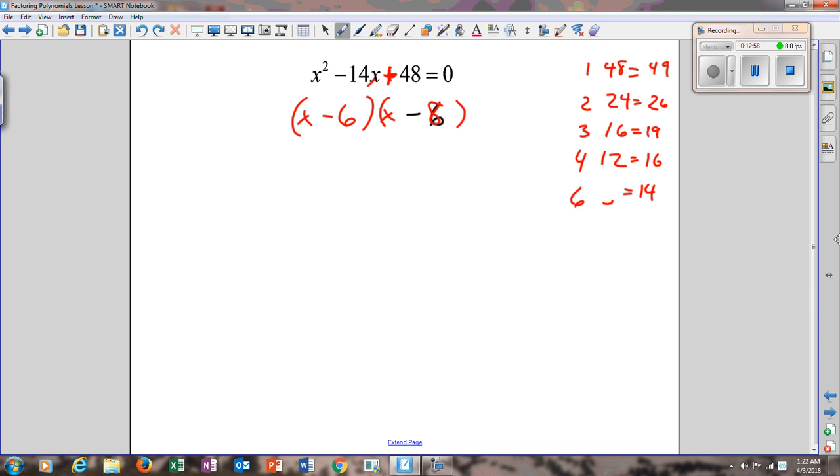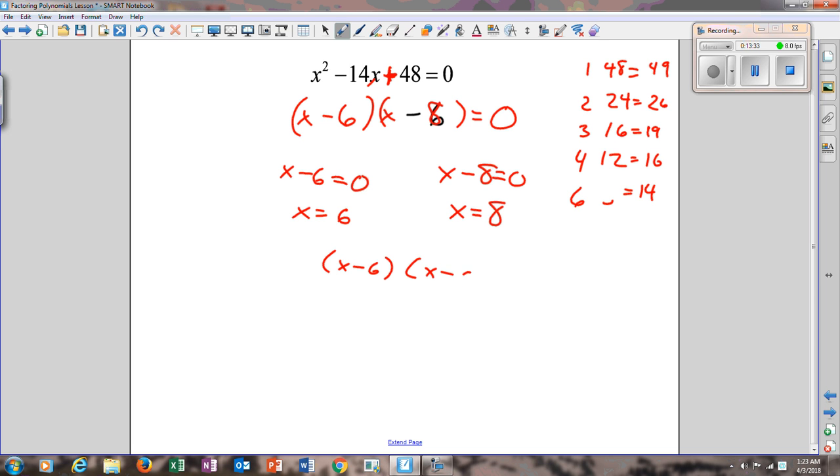And because it does say that, we break each of these factors down. X minus 6 equals 0, and x minus 8 equals 0. Then you just solve for x. X equals 6, and x equals 8. And so if it was asking you what would be a factor if the roots were 6 and 8, then you would say x minus 6 and x minus 8. Sometimes it will only be looking for one of them. But that's the way you do it.